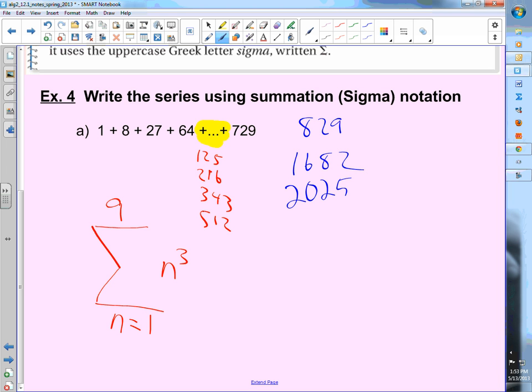I would encourage you to try to stick to n equals 1 to whatever you're going to. But I always have students in the past say, oh, I just don't like starting with 1. My favorite number is 3, and I really want to start with 3.